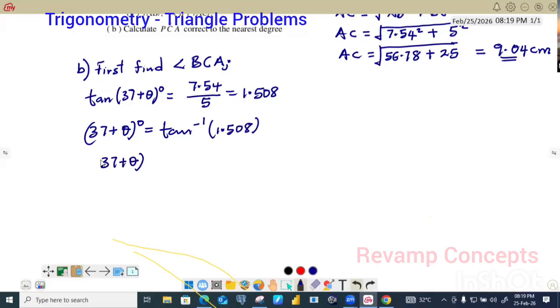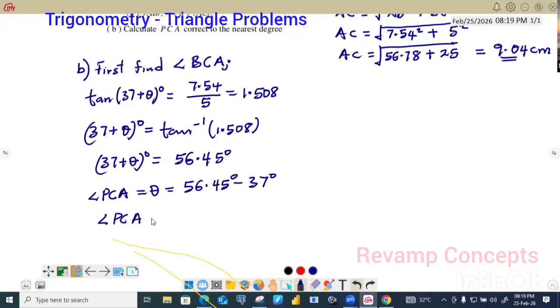Tan inverse of 1.508 is 56.45, and to get angle PCA, which is represented with theta, that will be equal to 56.45 minus 37, which is already given there, and angle PCA is approximately 19 degrees to the nearest degree. Thank you.